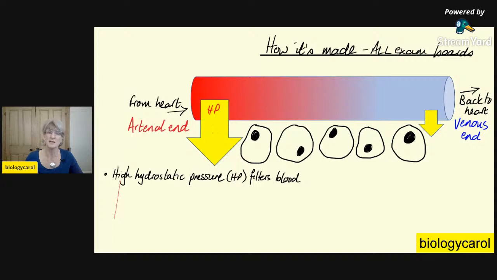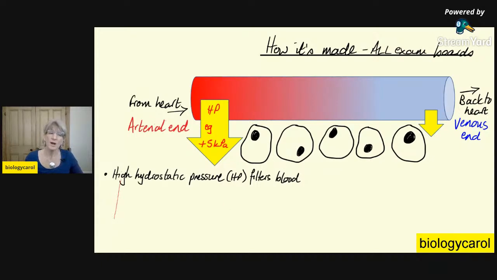So for example, in an exam, it might say, oh, it's plus 5 kilopascals. This is important when it comes to understanding oncotic pressure for you OCR and Edexcel B guys.